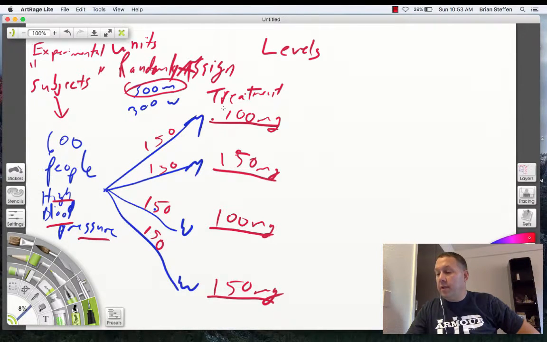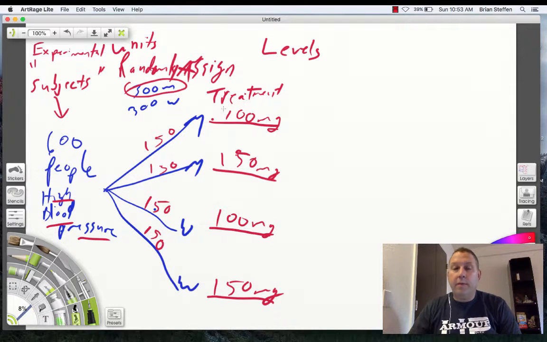A specific condition applied to an individual is called a treatment. All right. So in this case, the specific condition that's being applied is they are being given a pill. All right. There are 2 levels to that pill. So there are 2 levels to the treatment, but there's only one treatment. They're being given a pill. Now I'll get to that in a second.